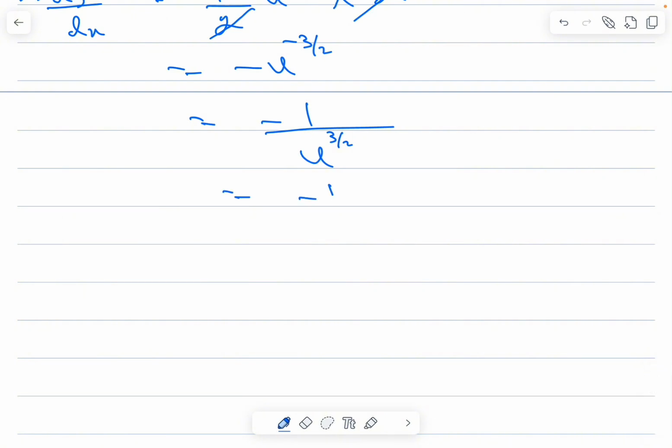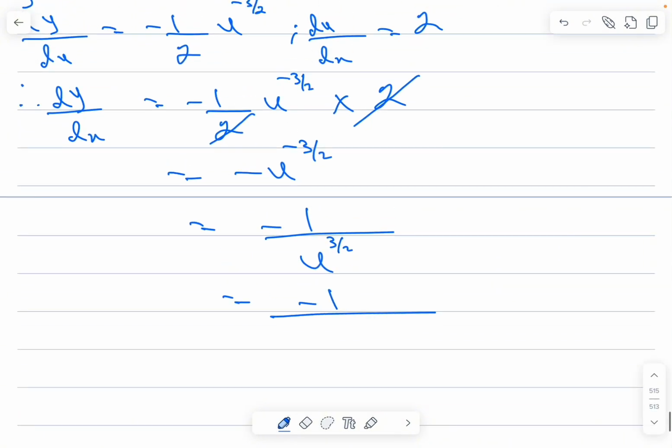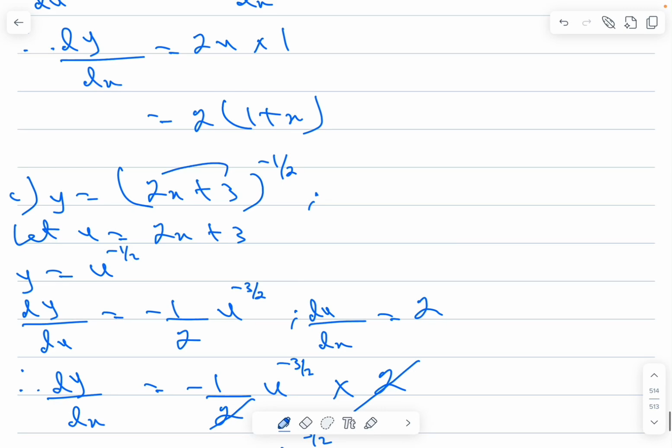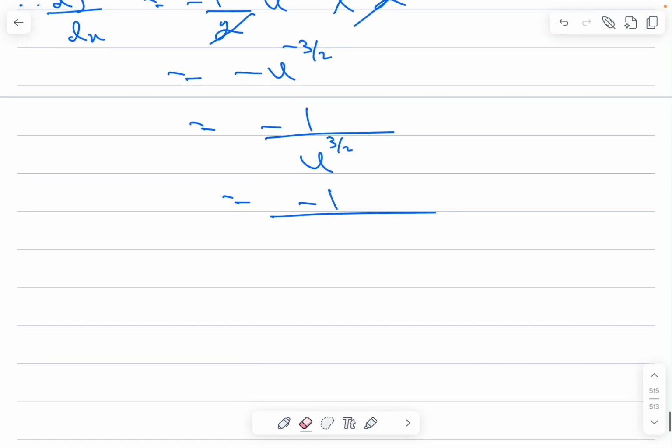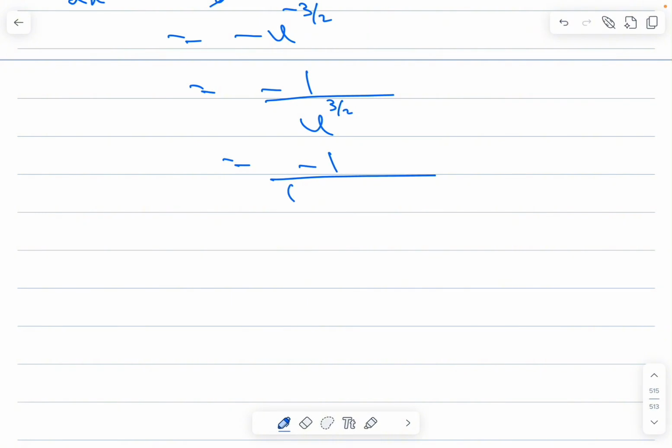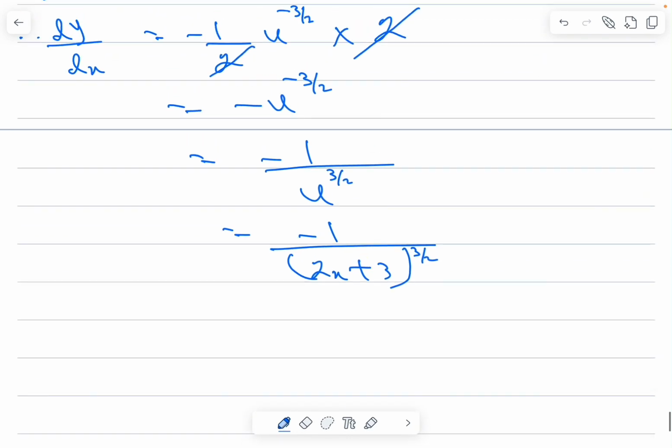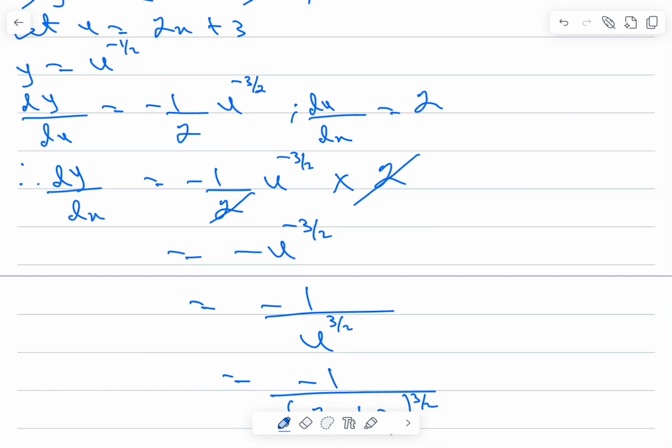And u is 2x plus 3. And that simply means minus 1 over 2x plus 3 raised to power 3 over 2. And that's it, very, very simply.